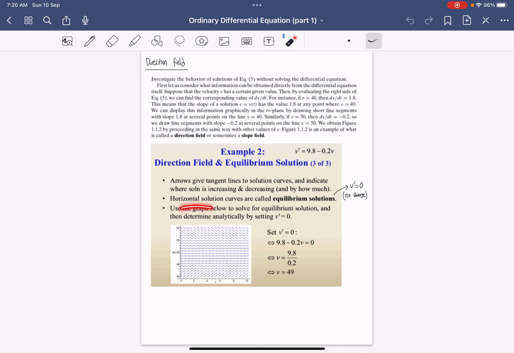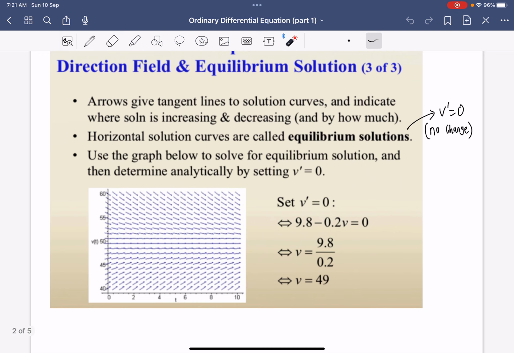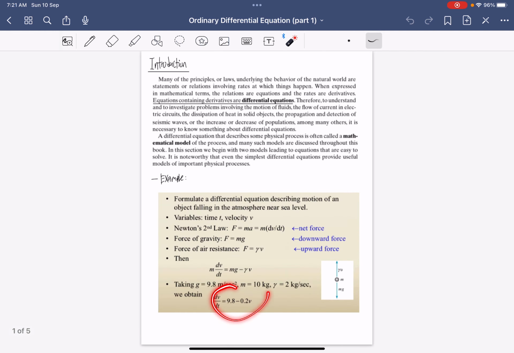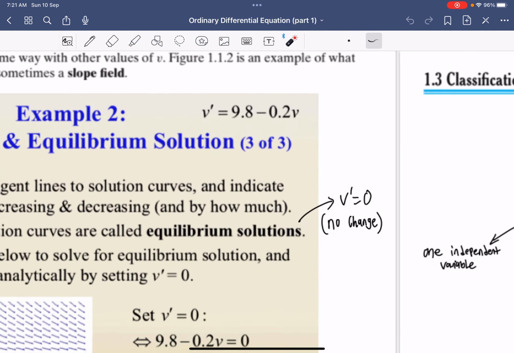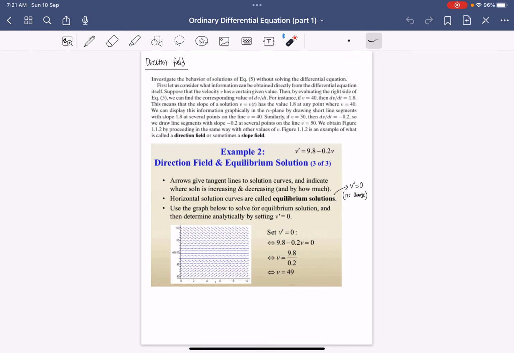So along the horizontal lines, horizontal solution curves, let's say we take the previous example over here. Equilibrium solutions are basically when you let dv/dt equal 0. We call it equilibrium because when dv/dt is 0, the rate of change is 0, meaning it's constant.